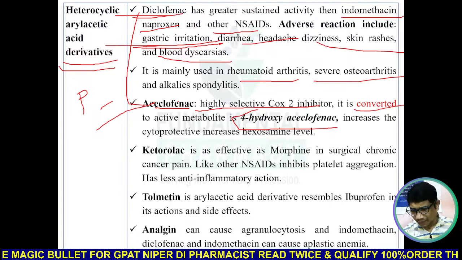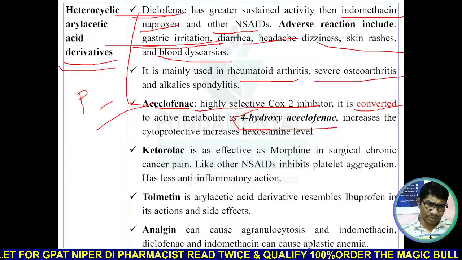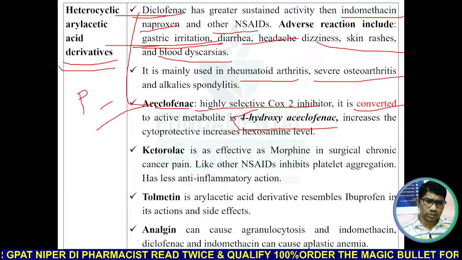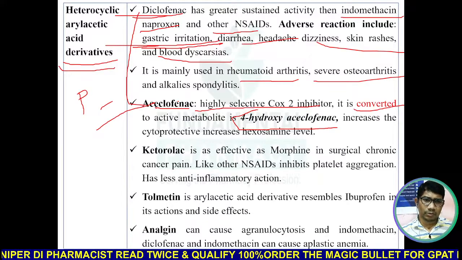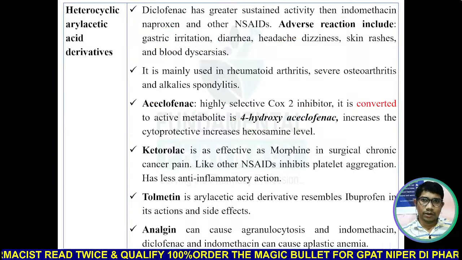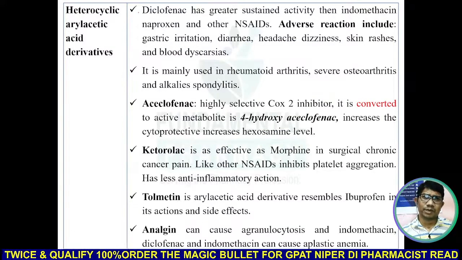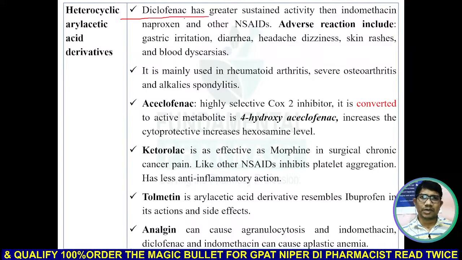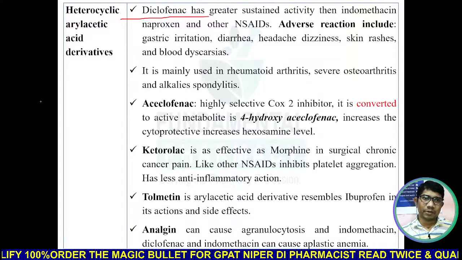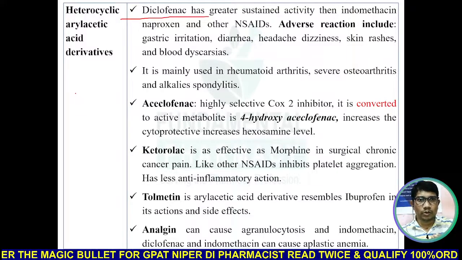Now as diclofenac irritates your GIT, diclofenac is always prescribed along with either H2 receptor blockers or proton pump inhibitors. When a physician prescribes you diclofenac, it will be prescribed along with either a PPI, meaning proton pump inhibitor, like omeprazole, rabeprazole, esomeprazole, pantoprazole.